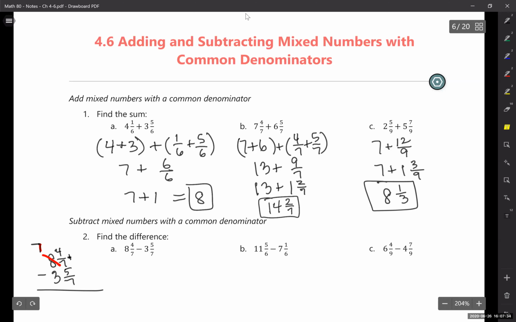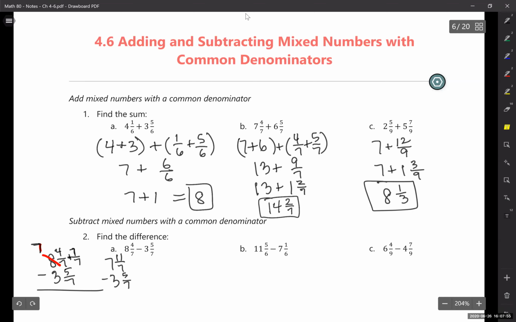I should not do that, it should be a 7. I borrowed that 1 and I'm giving it to the fraction, and so it is 7/7 because that would be 1 whole. And so I really have the problem 7 11/7 minus 3 5/7.